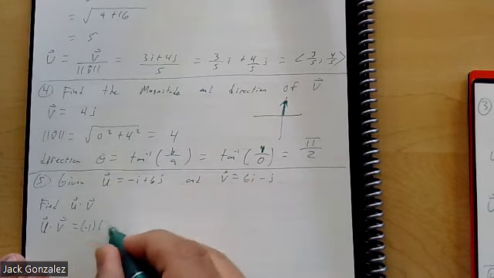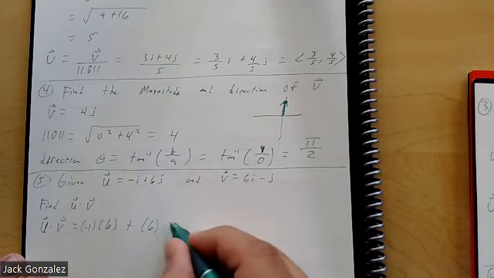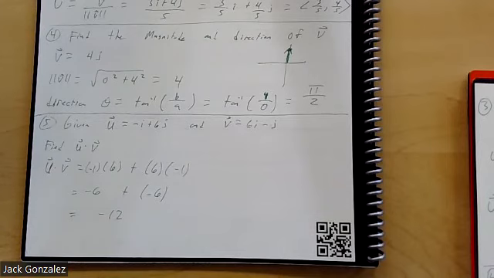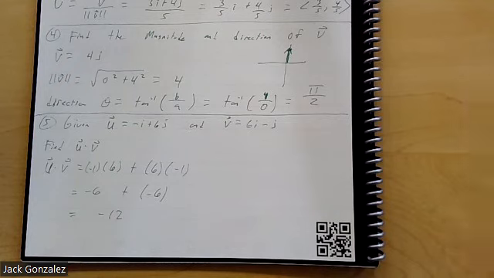So negative 1 times 6 plus 6 times negative 1. All right. So, any questions on this? Dot product's not too bad, right?